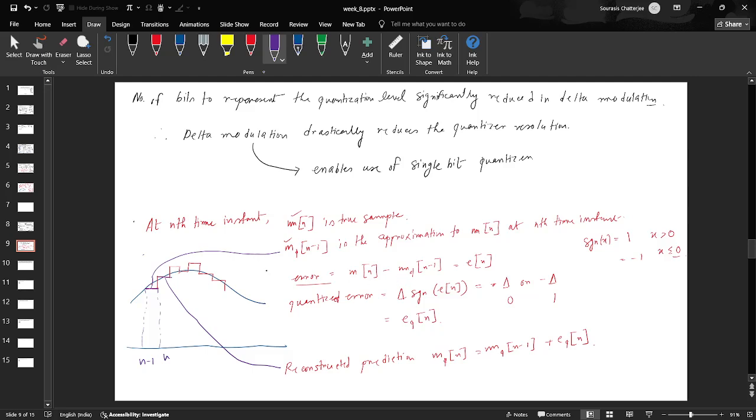So you can see how it's happening. This increase here, this is your error, right? Sorry, this is not your error exactly.